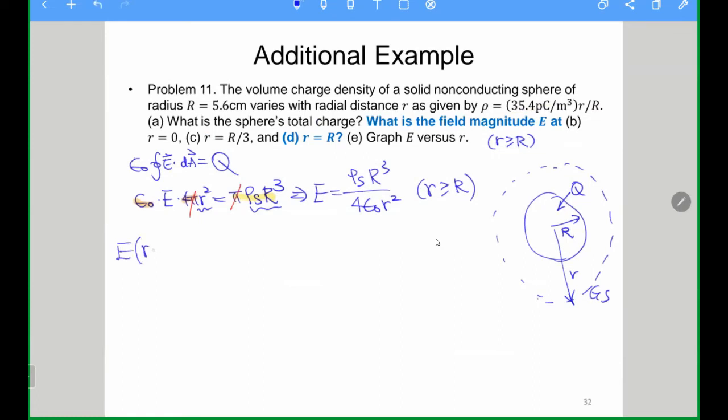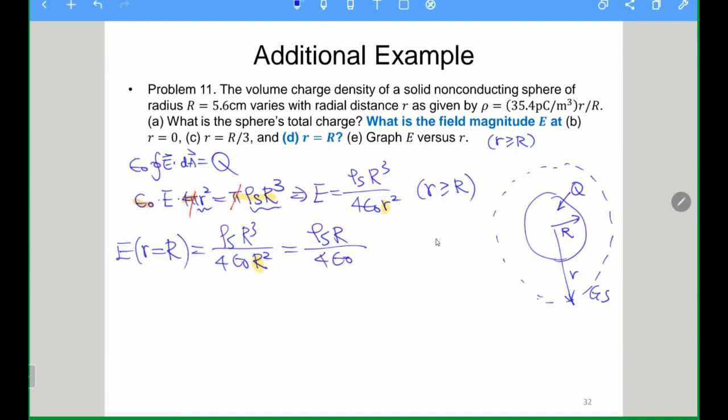So E at r equals capital R will be rho s R cubed over 4 epsilon naught capital R squared. We just plug in this R here, so we have rho s R over 4 epsilon naught.